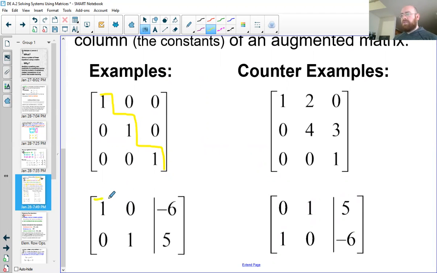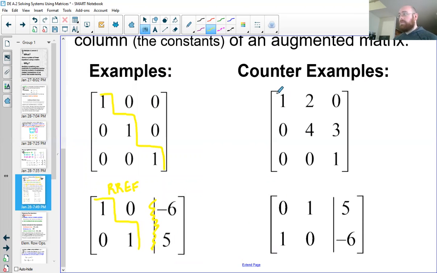The second one, we still have this staircase pattern. And notice that because there's this dividing line, we don't really care what the numbers in the augmented portion of the matrix are. As long as the square is in reduced row echelon form, the entire matrix is considered RREF.